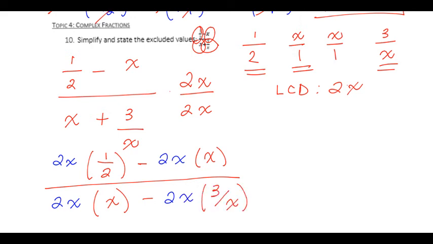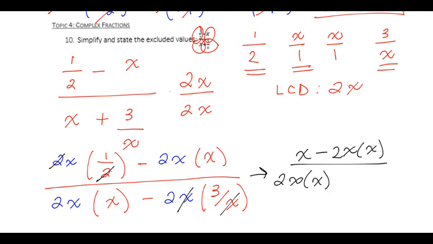Then we use what we know about rational functions. The 2s will cancel, the x's will cancel, and I'm left with x times 1 minus 2x times x over 2x times x minus 6. Okay, this is a plus 6.